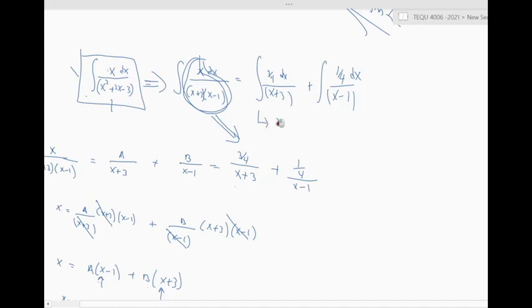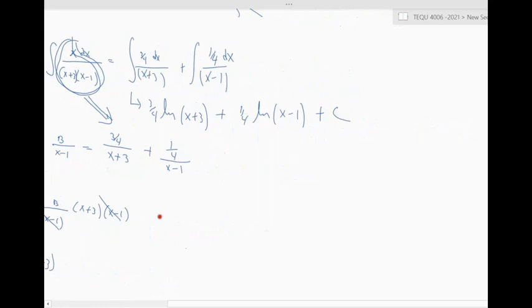It's going to be 3/4 logarithm of x plus 3. The integration of the second part will be plus 1/4 the logarithm of x minus 1 plus some constant because it's general. You can definitely simplify this if you want to. I will leave it like that.